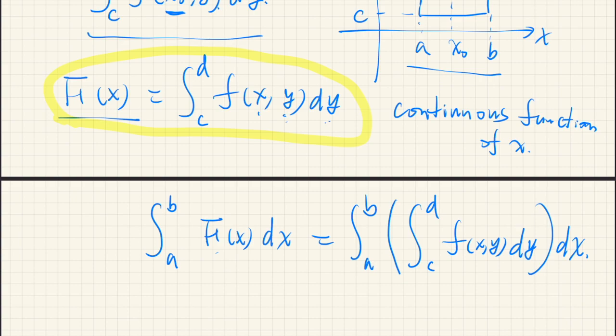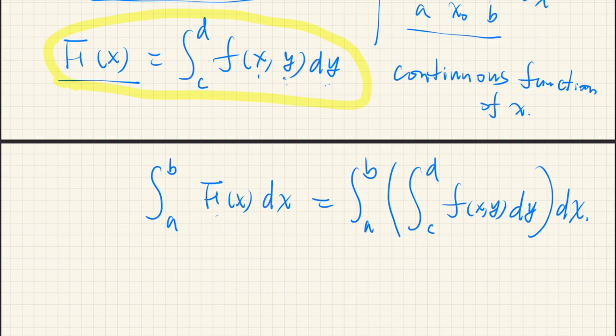So we first integrated f of x, y with respect to y, then we integrate that with respect to x. This is called iterated integral.